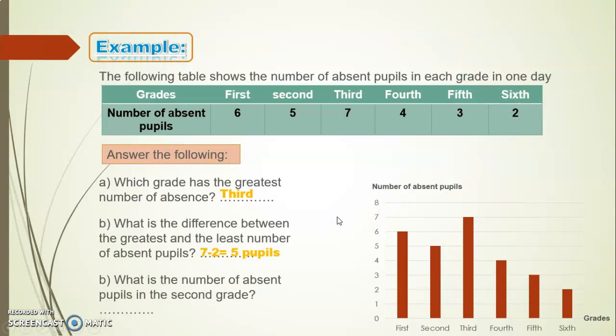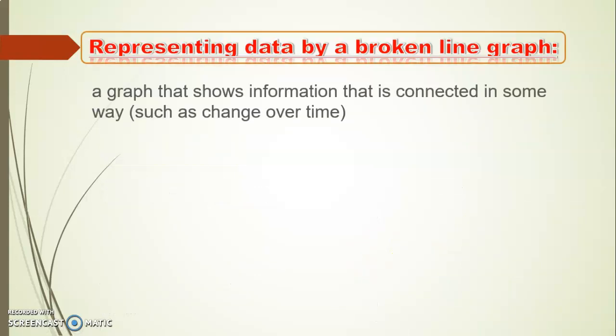They are the same data. What is the number of absent pupils in the second grade? From the table I can find it easily. Here the second grade I have 5 absent pupils, and from the graph, I can move from the second and stop at 5, so I have 5 pupils.